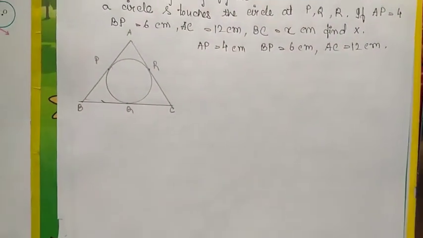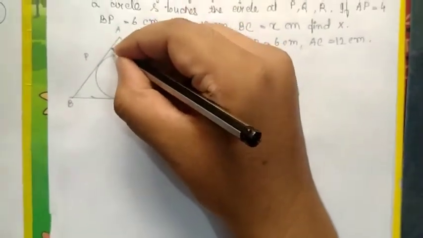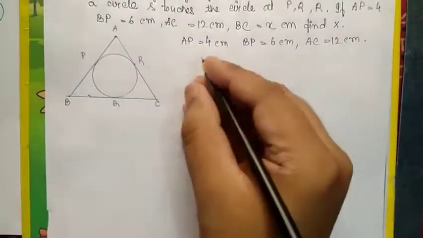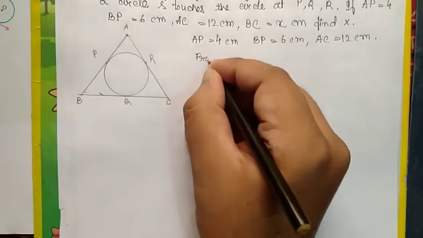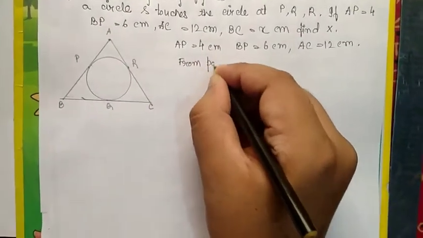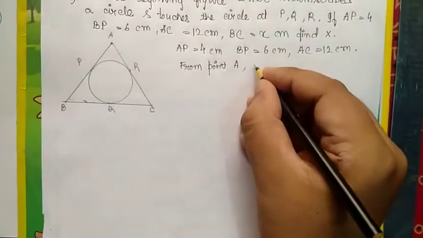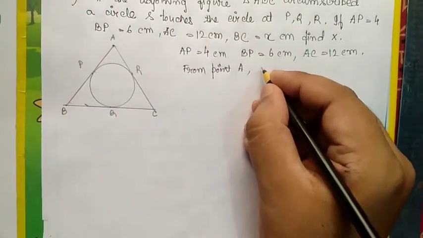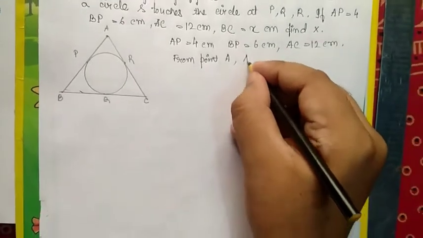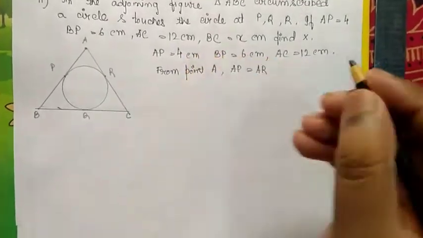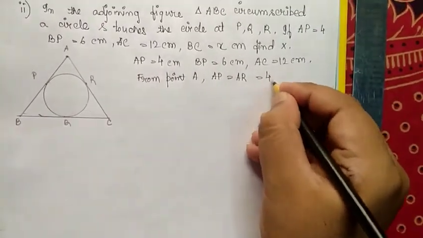So from the point A, AP and AR are tangents, so AP equals AR. AP is 4 centimeters, so AR equals 4 centimeters.